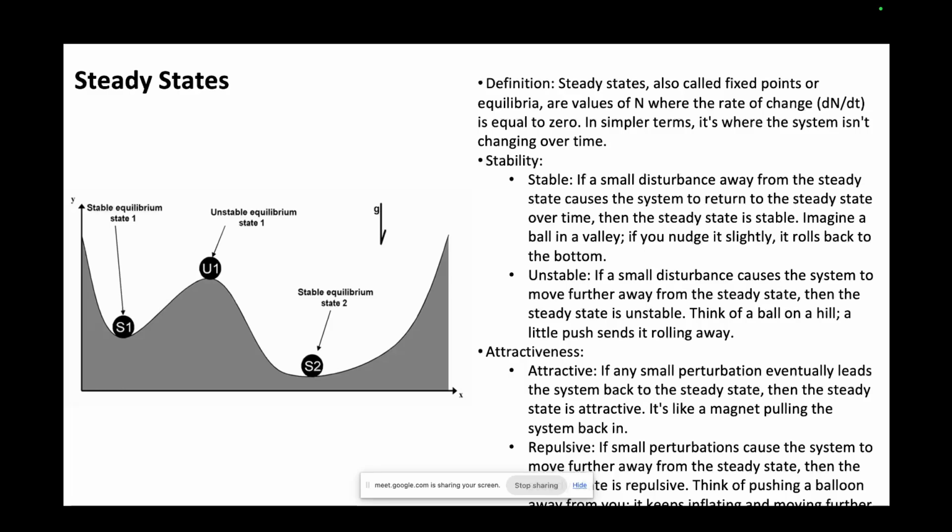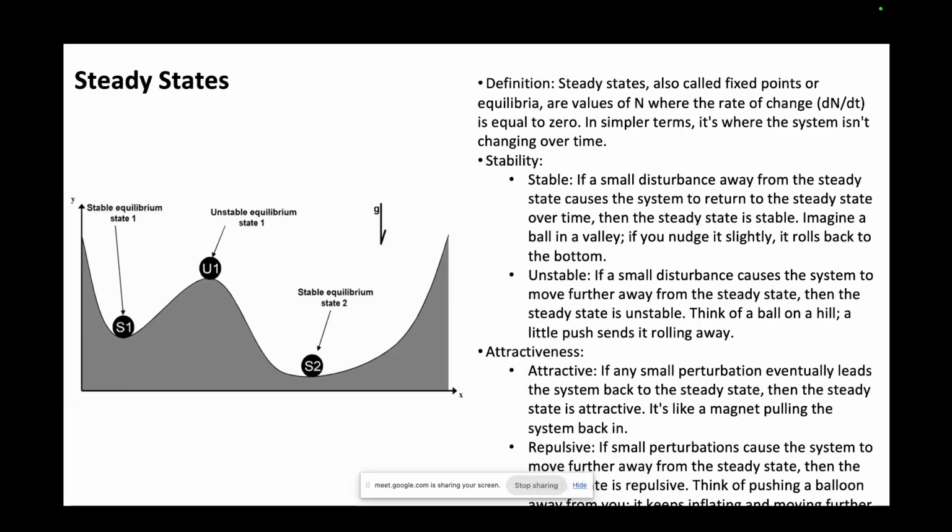These are fixed points, or these are also known as equilibrium points, where the rate of change of a particular parameter, so for example, it can be the rate of change of production of a particular protein, it can be the rate of change of, say, for example, expression of a gene, or anything.